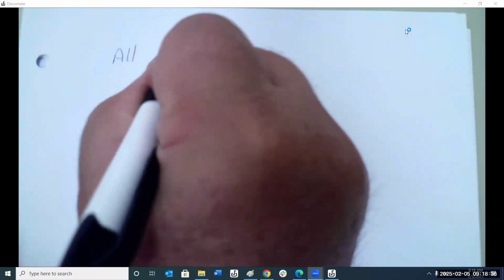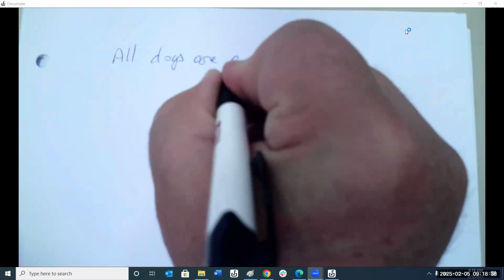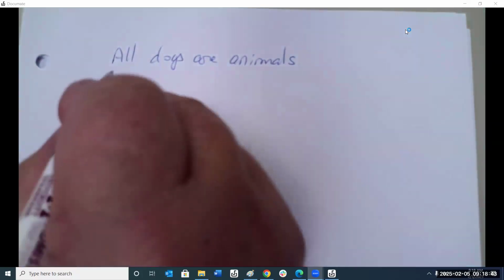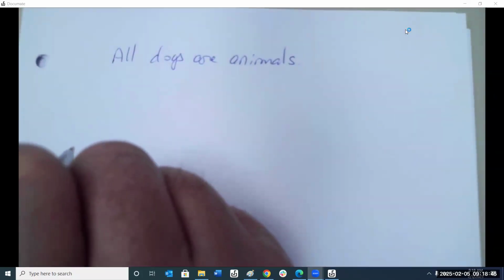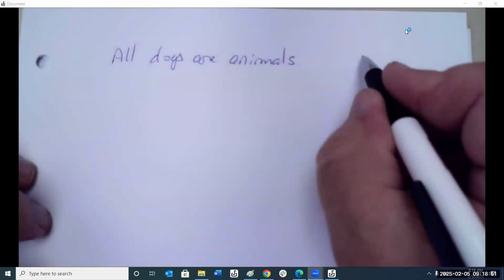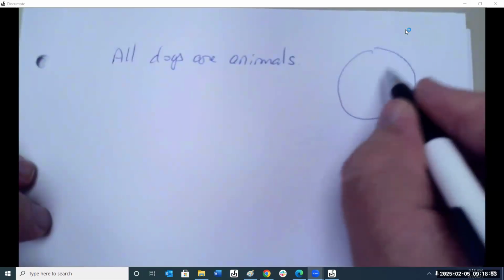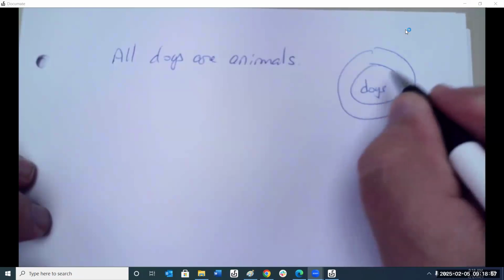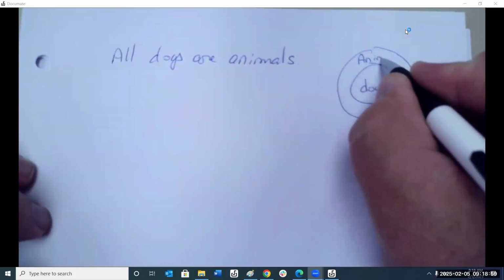So how would you draw this? Here's an example. All dogs are animals. How would you draw that in a set category? Yeah, so here's dogs and here's animals.